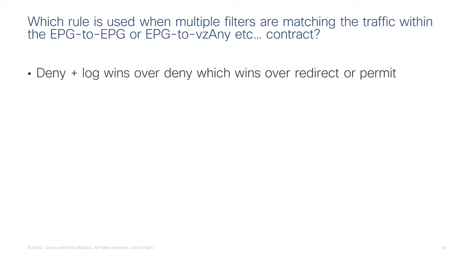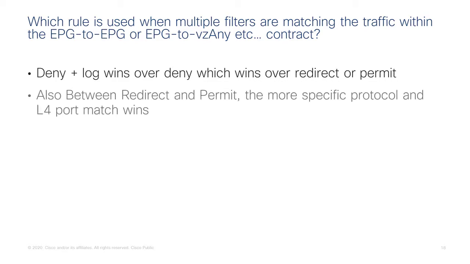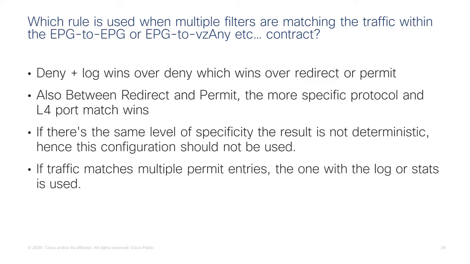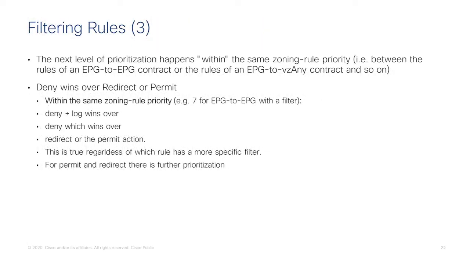So in this case, if there is a deny plus log action for one of the rules, that action wins over deny actions rules, whichever they are, which in turn win over redirect or permit rules. So this brings us to rule number 3, which is what we just described. So deny in general wins over redirect or permit, and this is within the same zoning rule priority.